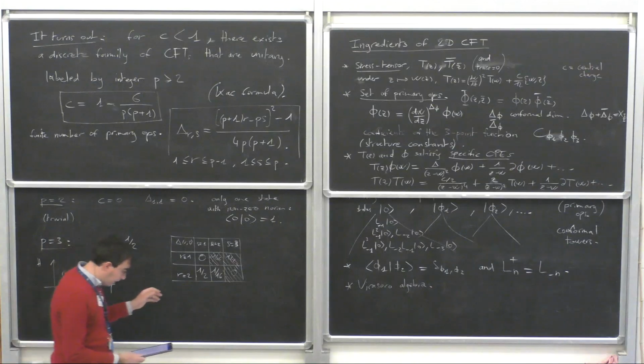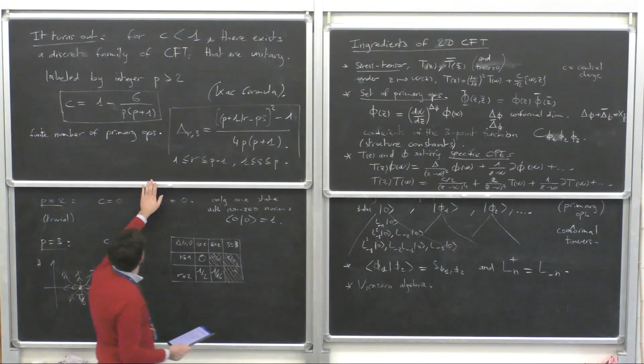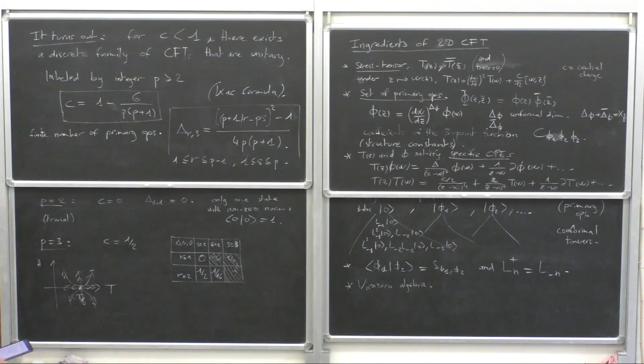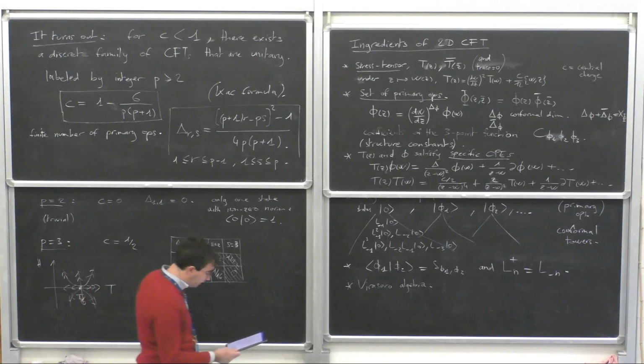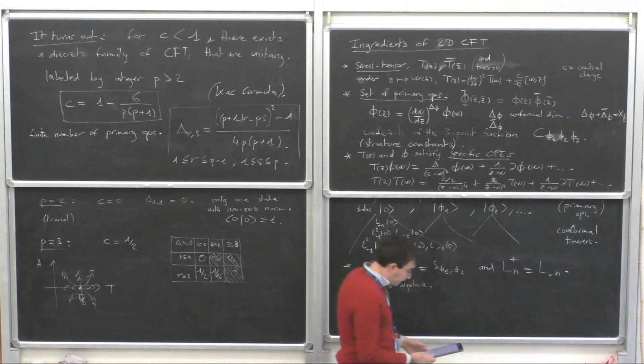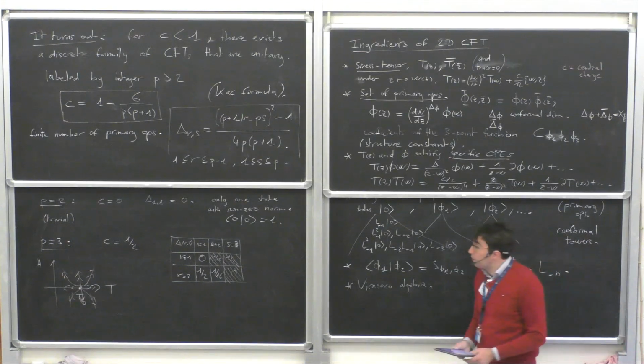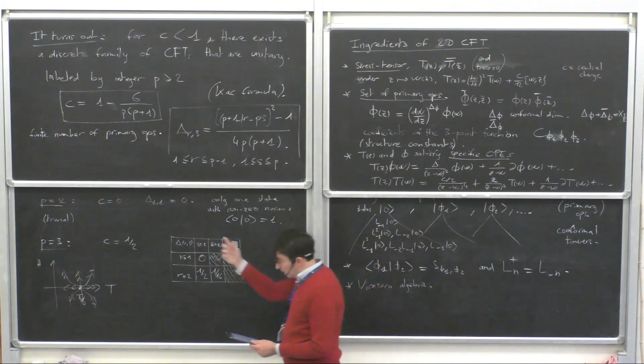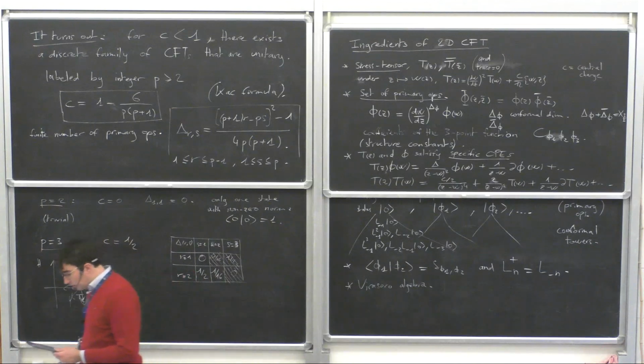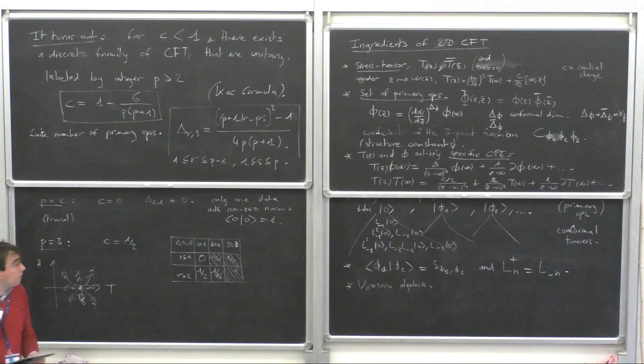Yes, it has 5 primary operators, but only 4 of them are relevant. There's one that is irrelevant, and this you can identify with the tricritical Ising model. The p equals 5 model, you can identify with the Potts model, 3-state Potts model, and so on.